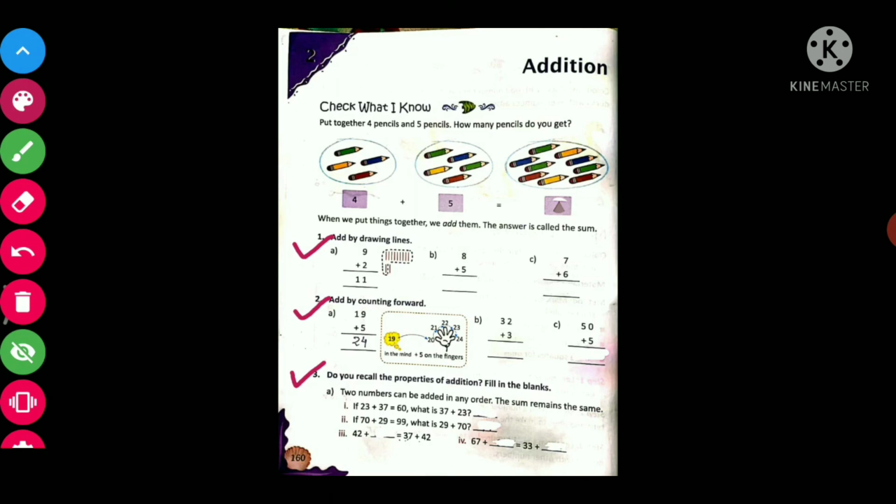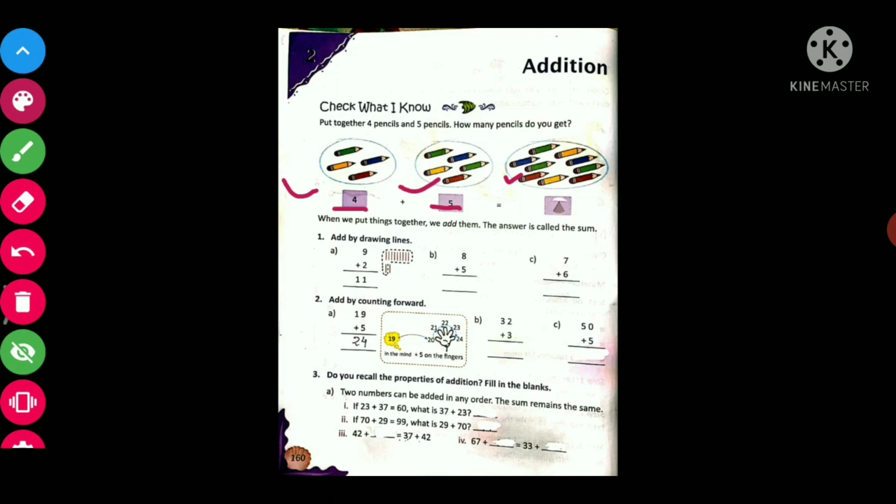Okay, now you just see this one. So pictures are given, right, and we can count how many pencils are there through the pictures and through the numbers also. Okay, so 4 is there and 5 is there. So how many pencils are there in total?